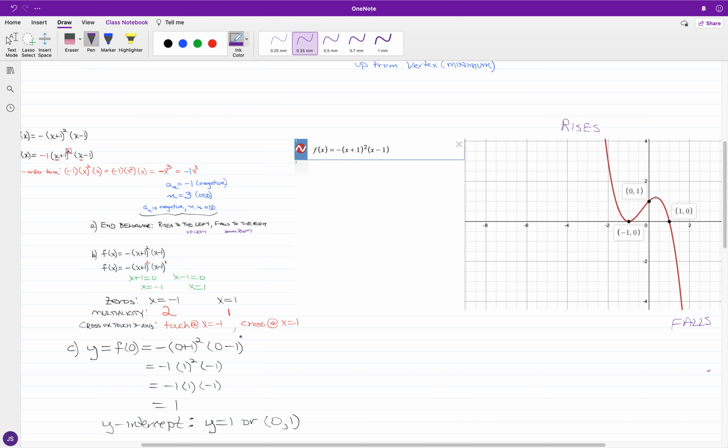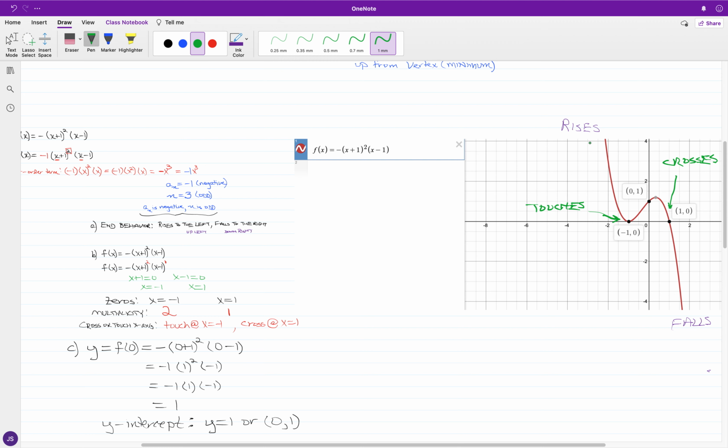And in terms of the contact, the graph touches at x equal to negative 1. And once we get to x is equal to 1, at that location the graph is going to cross the x-axis. And again with your y-intercept, that location is going to be at 0, 1.